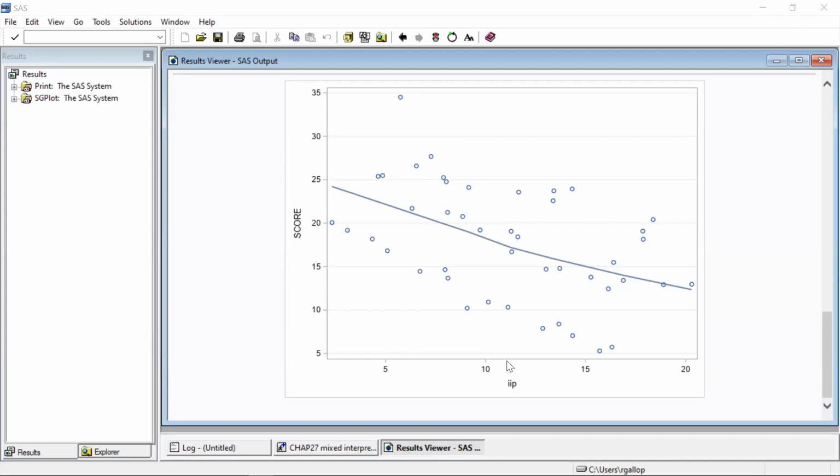So as you look at this relationship, what can you say about what's going on on average? On average, it appears that as an individual's interpersonal problems get higher, their depression gets lower. That's the appearance. It looks like a negative correlation.